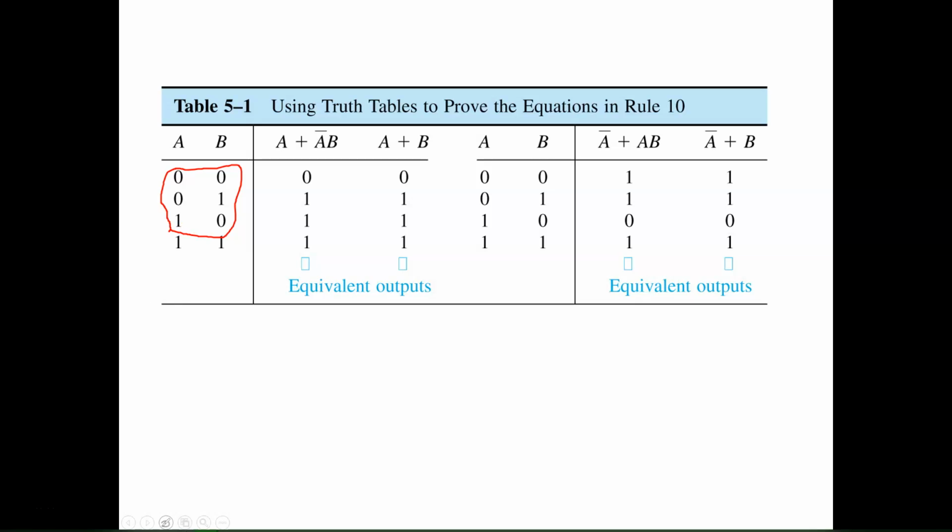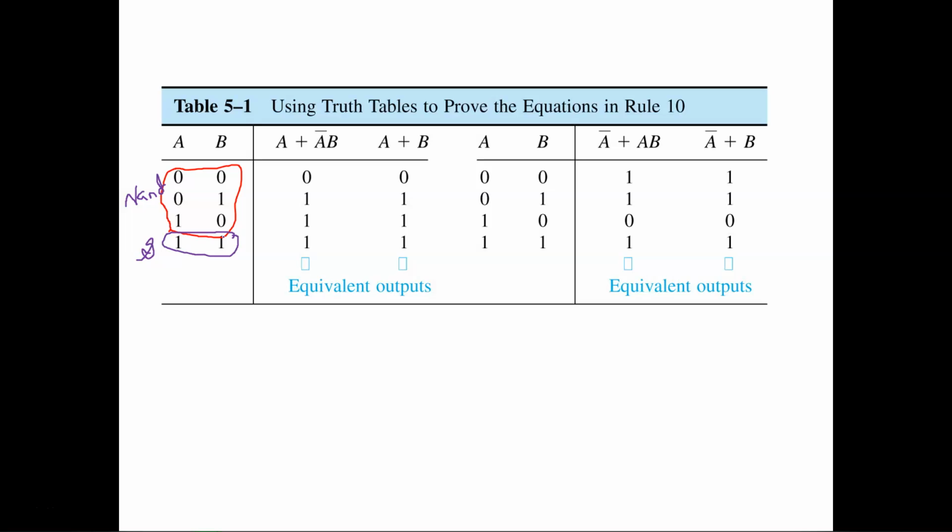AND logic, I'm going to just change the colors of this one. So this would be for AND logic. This is what would give me a signal in AND. And then this is NAND. All these would give me a NAND signal.